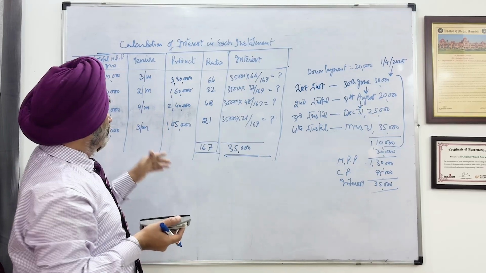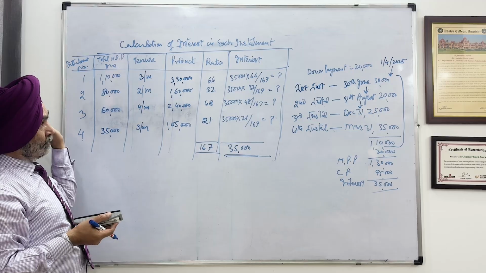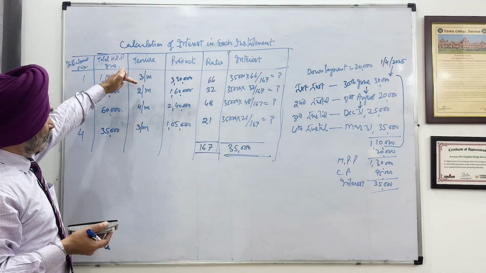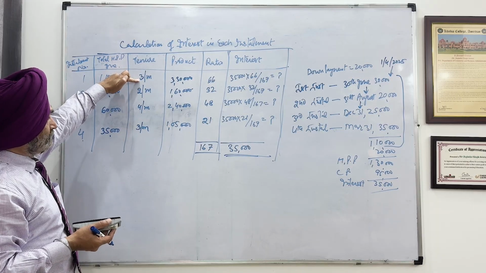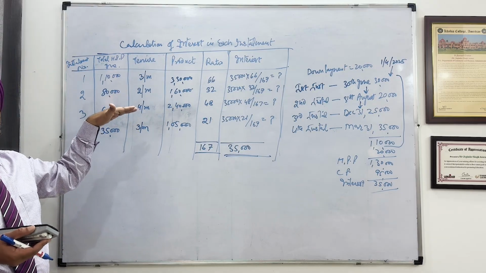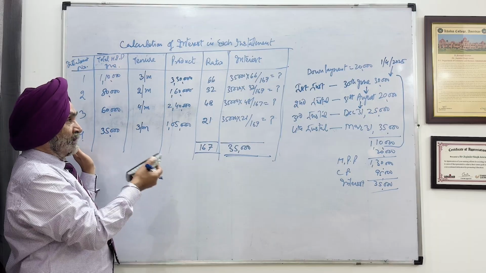So when the time gap is same, then we'll calculate with the help of 4 columns. But when the time gap is different, first installment after 3 months, then after 2 months, then 4 months, 3 months, the time gap is different one. So we'll calculate it with the help of a table with 6 columns.